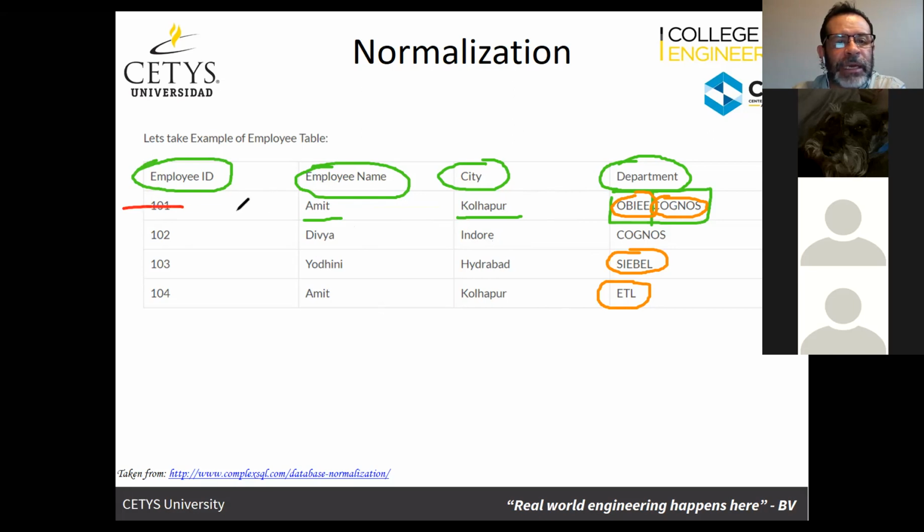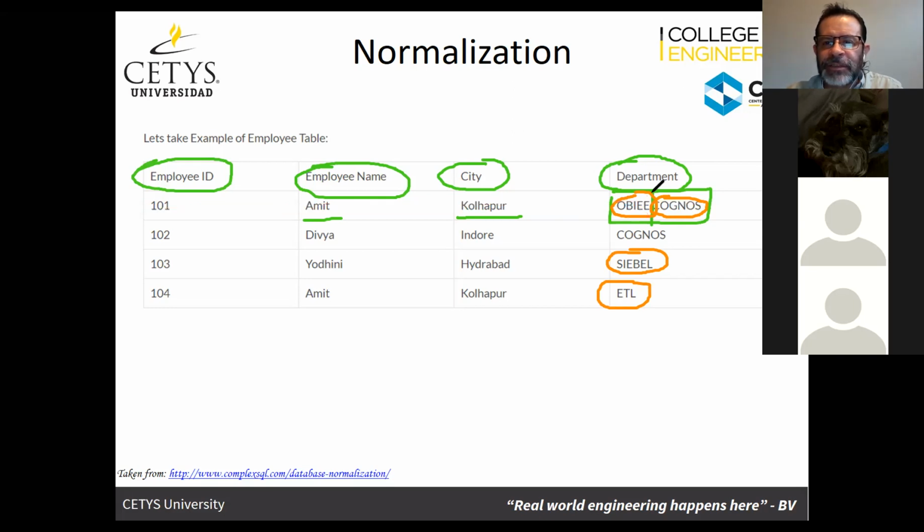So if I eliminate Amit Kolhapur, I'm totally losing this department. There's no way I can reference that department. That's a problem. That's a deletion anomaly.